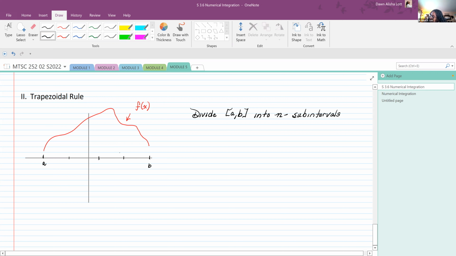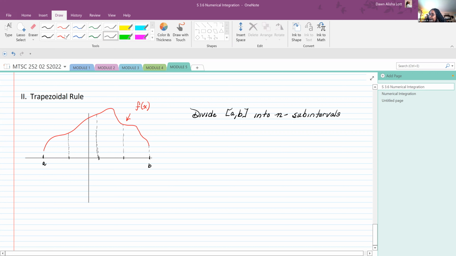Okay, so now after I do that, this time, instead of drawing rectangles that have the height of the midpoint, I'm going to draw trapezoids. So what does that mean? I'm going to go up to f of that height, go to f of this height, and then f of this height.